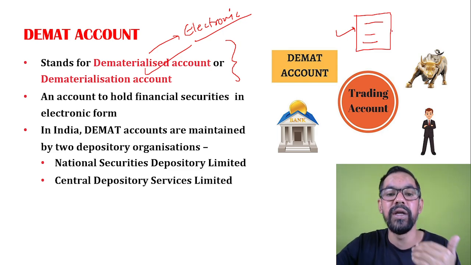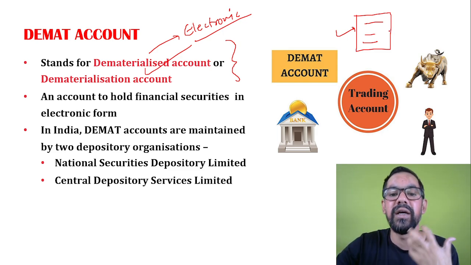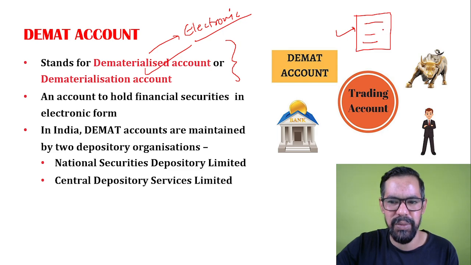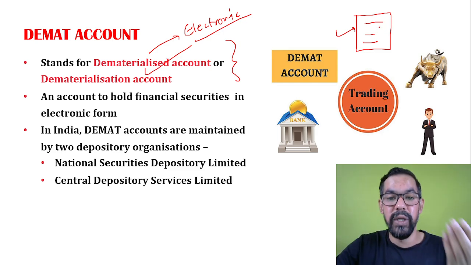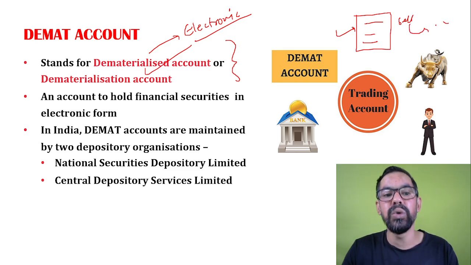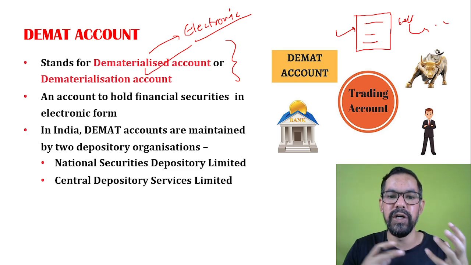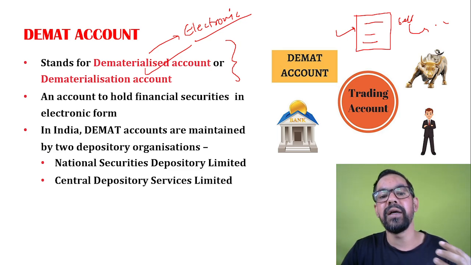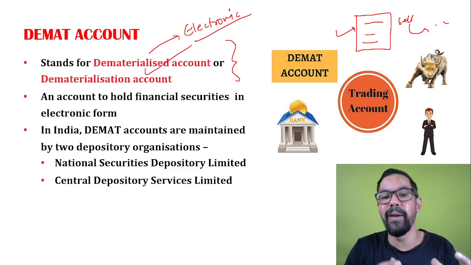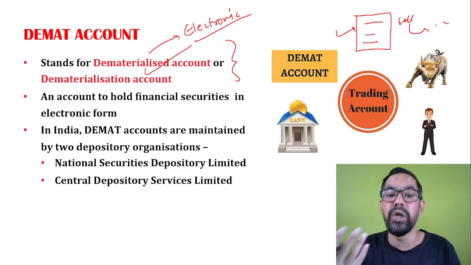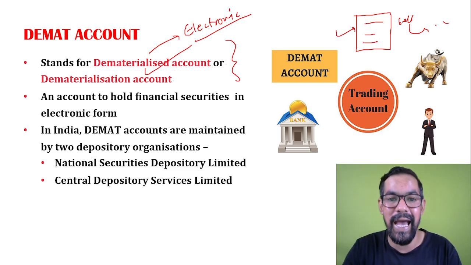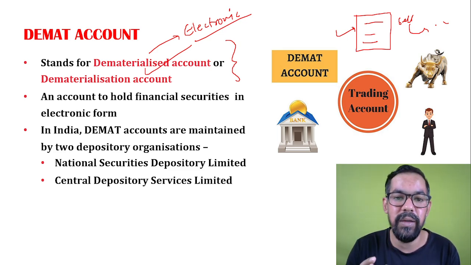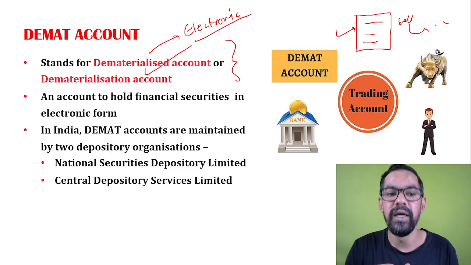They can be lost, they can be stolen, or there can be some other challenges as well, or even a liquidity problem. If you had to sell, you had to go to the exchange. With the help of a DEMAT account, you can buy shares on your own, or sell them, or convert, and you can easily liquidate your investment into cash as well. There are so many benefits associated with this.